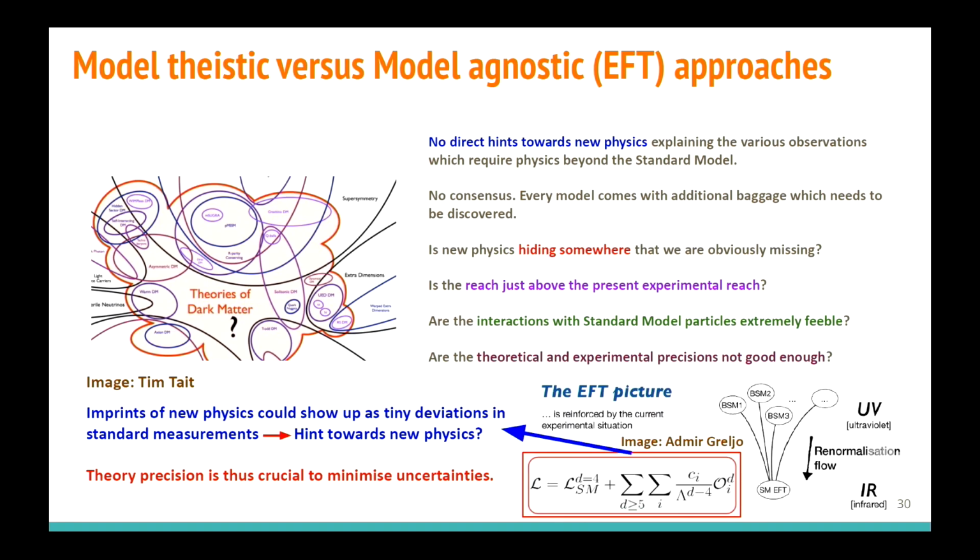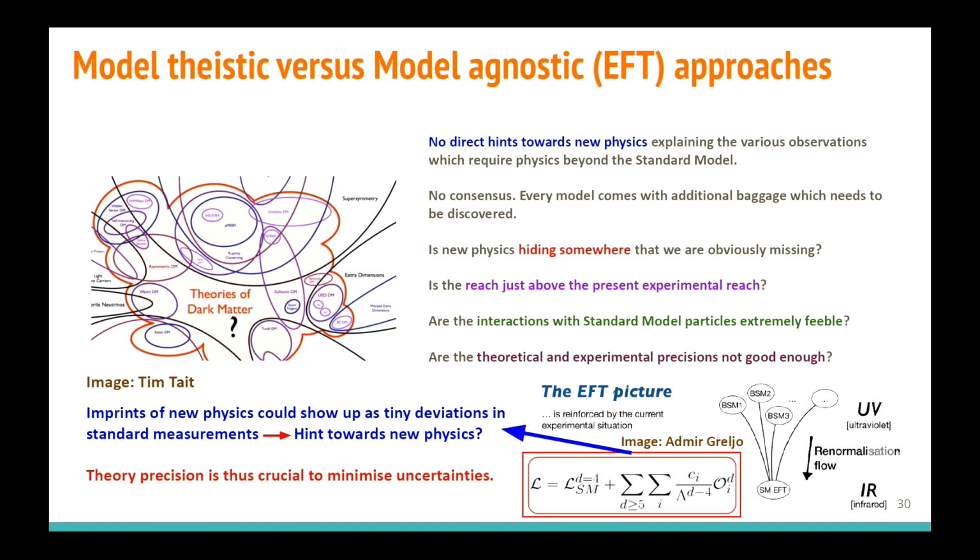So, these are all the theoretical biases, theoretical uncertainties that could be the reason why we have not seen new physics till now, and experimental precision as well. As Shanmoy discussed, we still are in the regime where experimental precision is not good enough, not at the level of a percent or lower, that we are able to discern very, very small deviations.